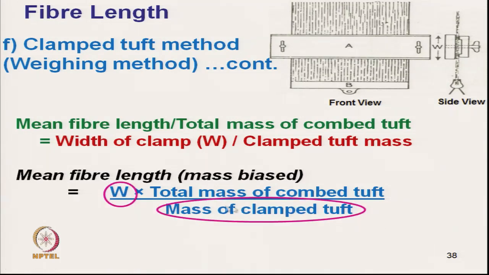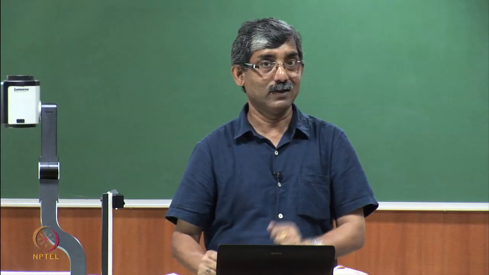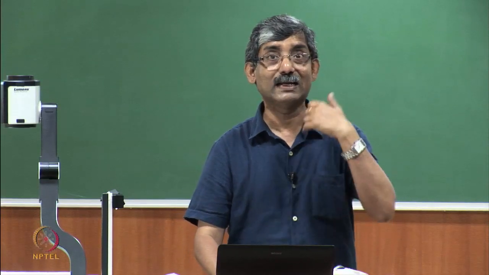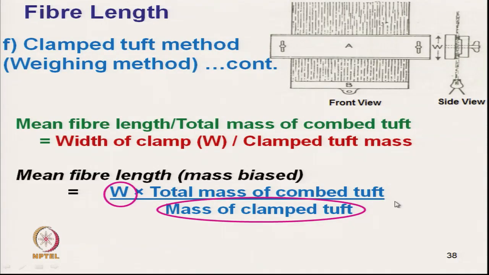The width of the clamp is the same for the two fibers, and the mass of clamp tuft is assumed the same. I am talking about the ideal case to get the concept. So mean fiber length is proportional to the combed fiber tuft mass.